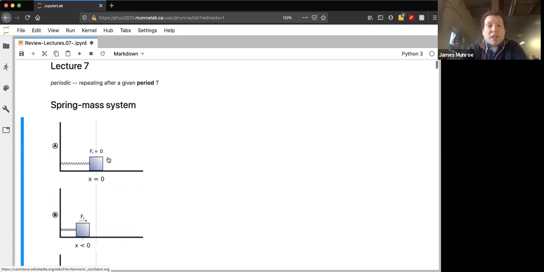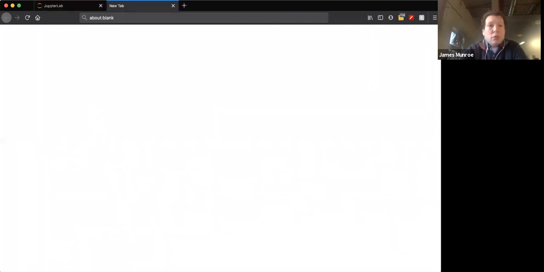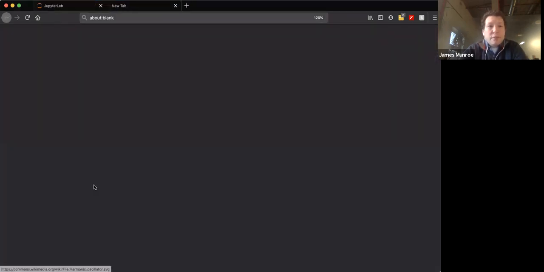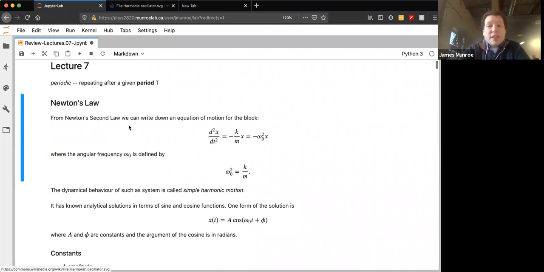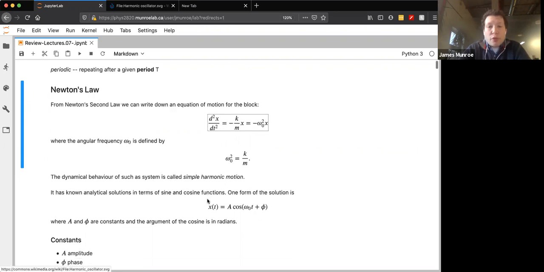We have some examples like a spring mass system. We don't really care about the details of it. In terms of an equation, spring mass systems can lead to equations of this form where there is a second derivative of acceleration, which depends upon x as your starting point all the way through.